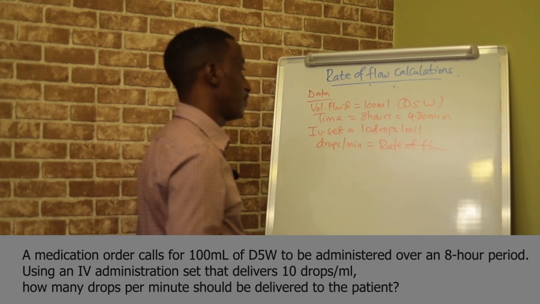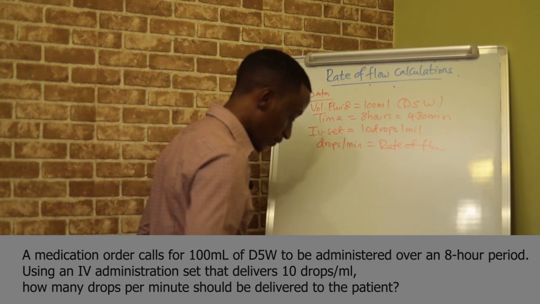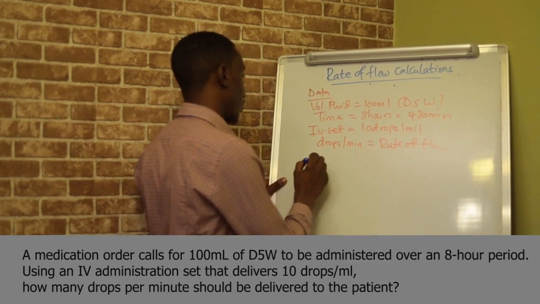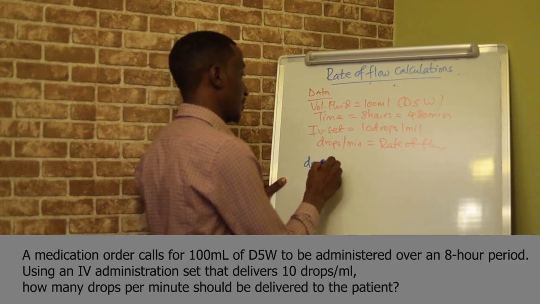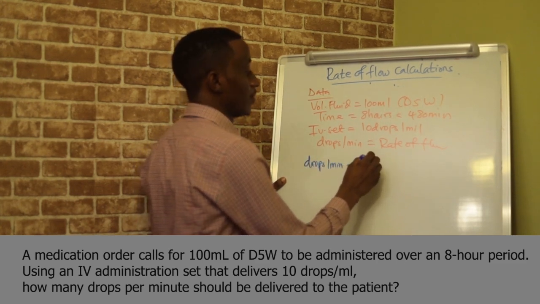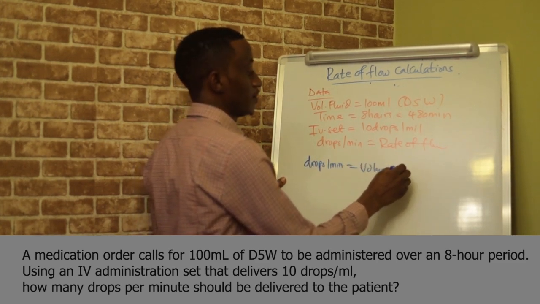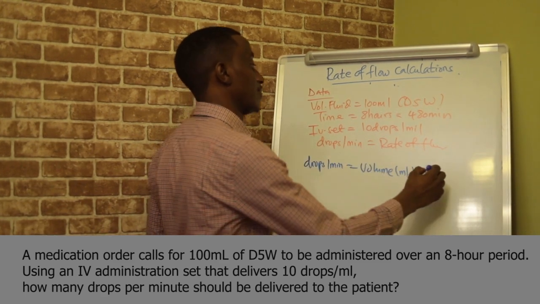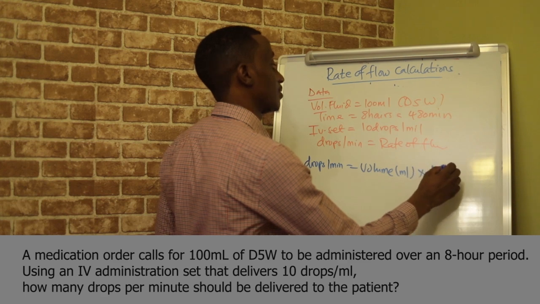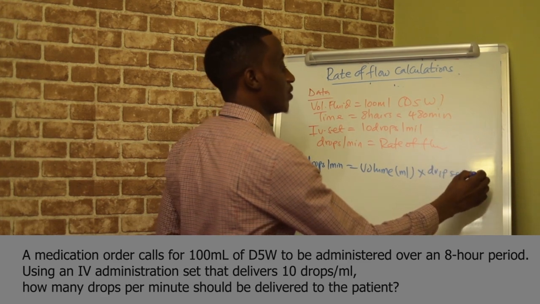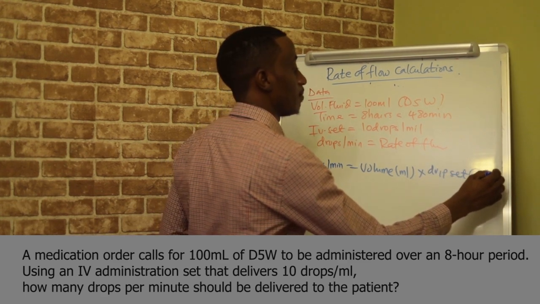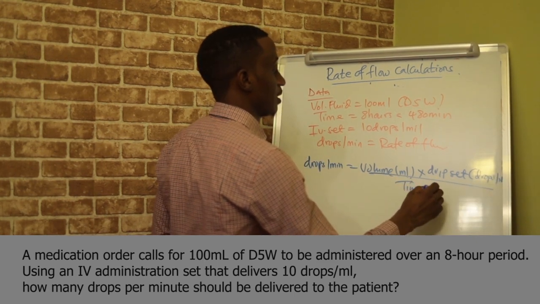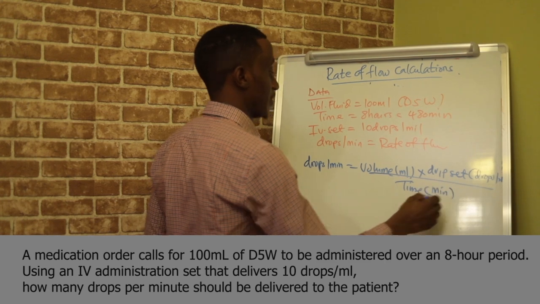So to know the flow rate in terms of drops per minute, you need to have the volume to be administered to the patient in terms of mils times the drip set, volume going through the drip set in terms of drops per mil, then you divide by time in terms of minutes.